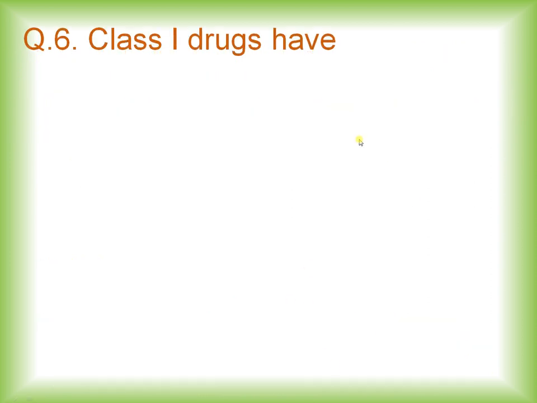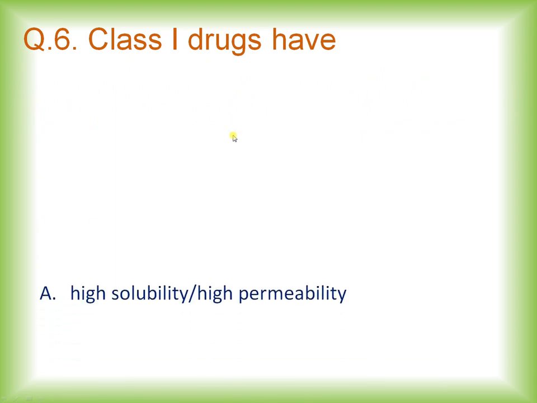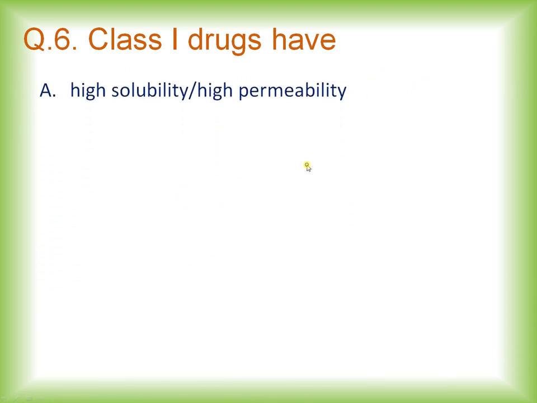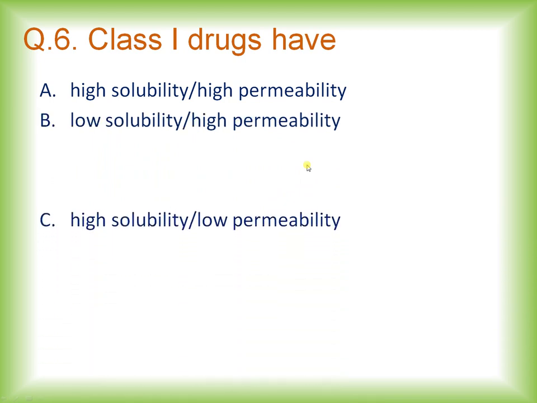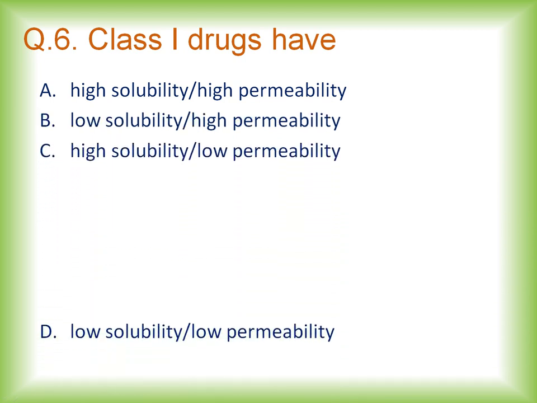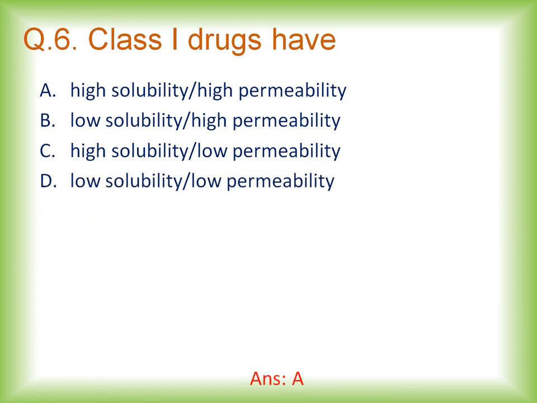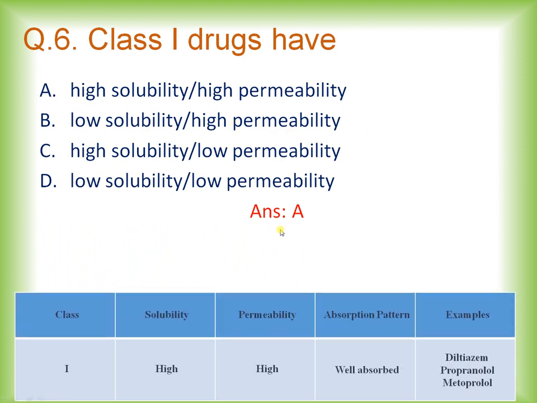Moving towards the next question. Class 1 drugs have: high solubility, high permeability; low solubility, low permeability; high solubility, low permeability; low solubility, low permeability. And the right answer is option A, that is class 1 drugs have high solubility, high permeability.